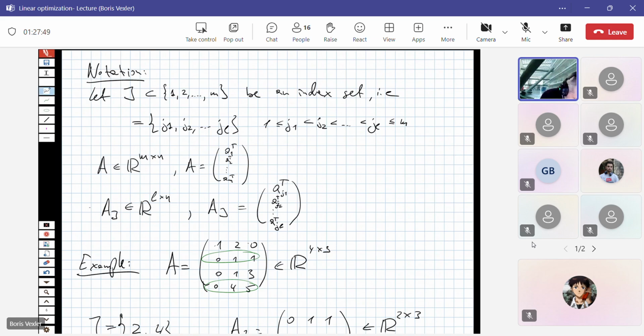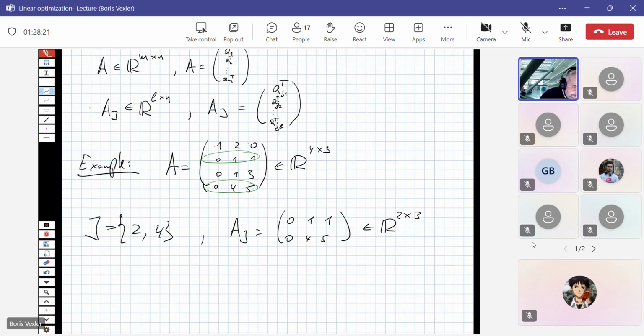It's the same J. The J is a subset of this, and it consists of some indices, which are between 1 and M, and of course these are different indices, since we are speaking about a set. It's just a clarification of what I mean if I say that capital J is a subset of this. Clear? Thank you.